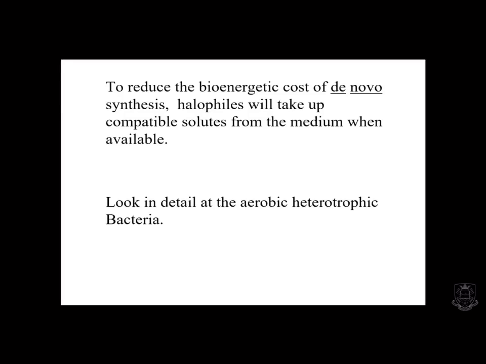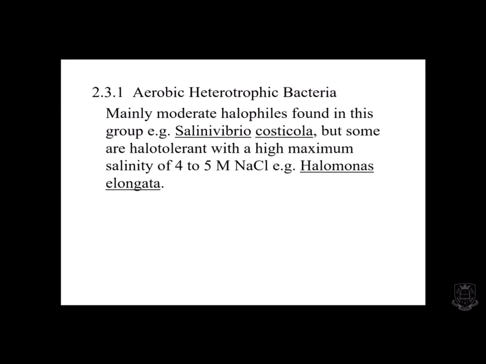So with all that in mind, I want to give you a little bit of a history of how these things were found. I've sort of given away the answer by going through handout 2, but that's not really the key reason here. I just wanted to take you through how this was unravelled using these aerobic heterotrophic bacteria. Basically, we're interested in organisms that would grow in high salt concentrations, but would also grow in quite low salt concentrations, often found in seawater.